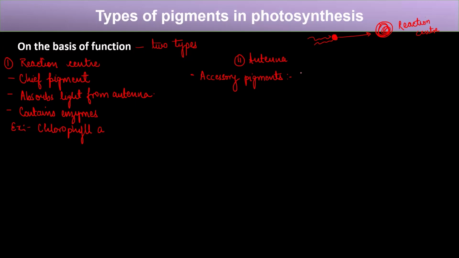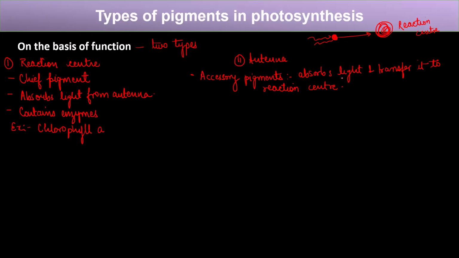So let's write: accessory pigments are the pigments that absorb light and transfer it to the reaction center. Because of this reason, these are called accessory pigments.